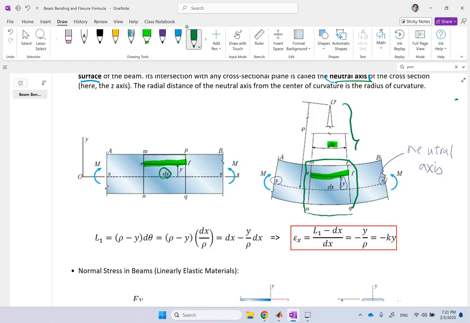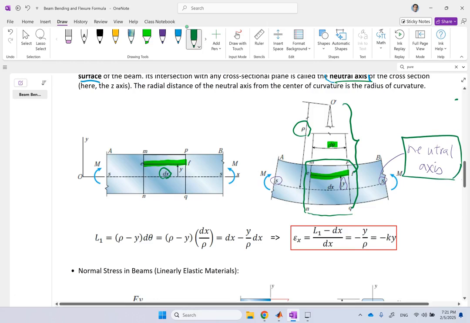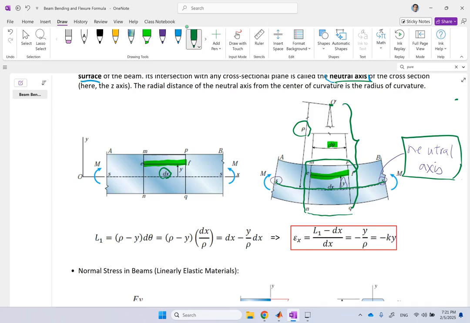Well, rho, the radius of curvature that I introduced initially, is from the center to the neutral axis. So the parameter rho is measured from the center to the neutral axis. Now your y units above the neutral axis, so the radial distance from this EF to the center is rho minus y.